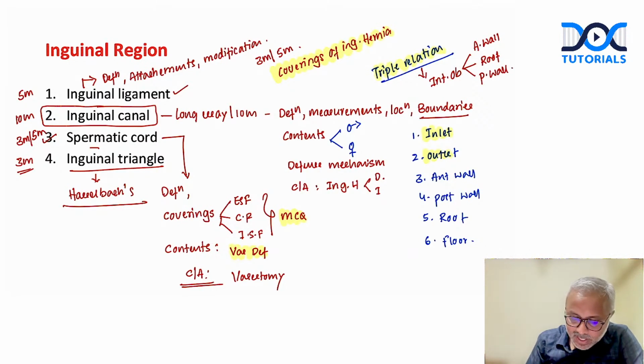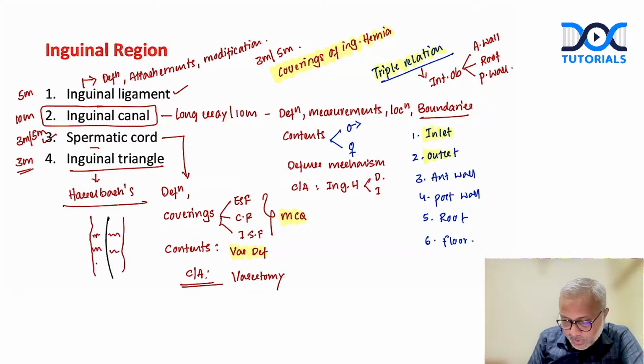For example, if we consider this as the linea alba, let's imagine we have the linea alba, and on either side of the linea alba, we have the attachment of the rectus abdominis muscle. So the inguinal triangle is bounded by what structure? On the medial aspect, we will have the lateral border of the rectus abdominis, and on the lateral side, what do we have?